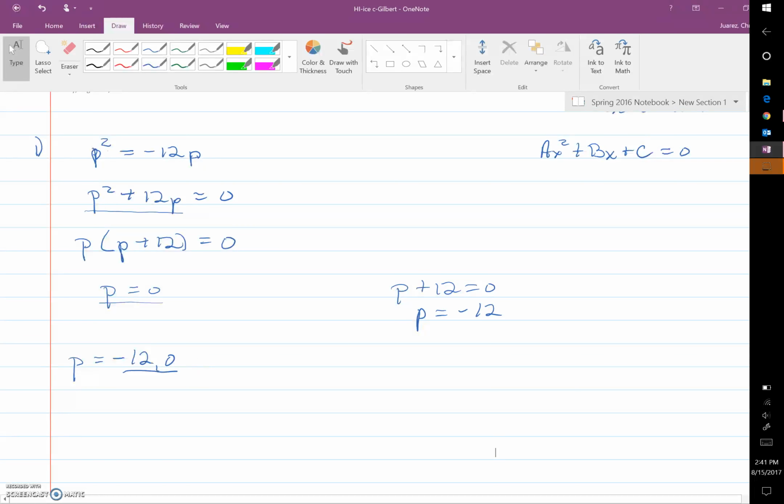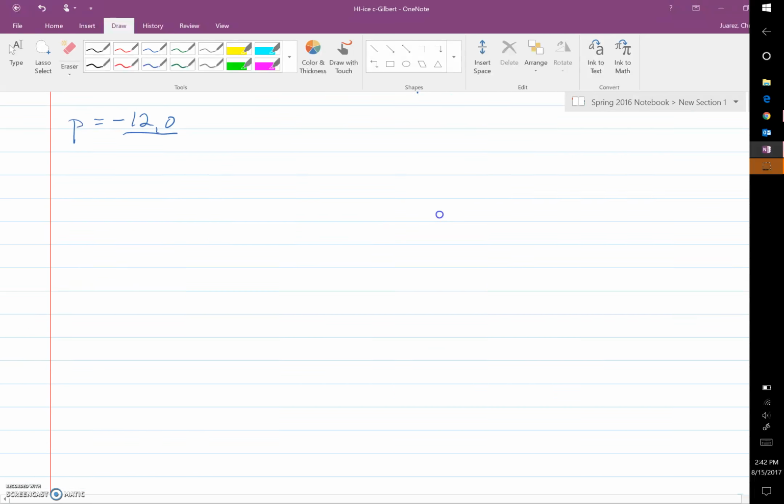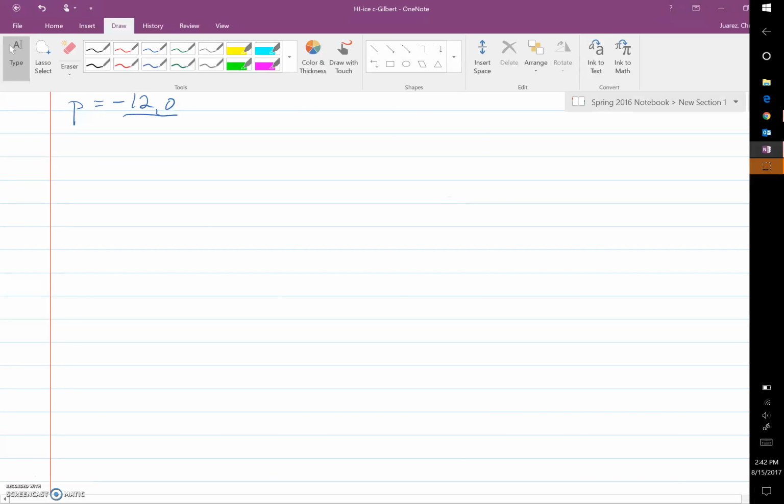Now, let's go on and do some from rule number 3a and b. So this is our next example here. We have a plus 6 times a minus 2 equals 2 plus a minus 10.